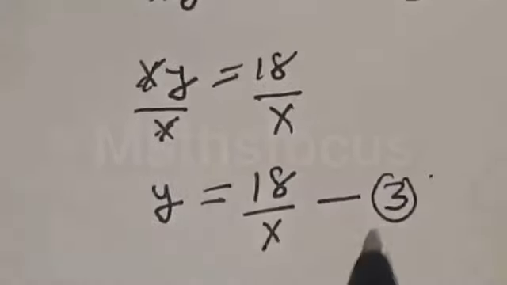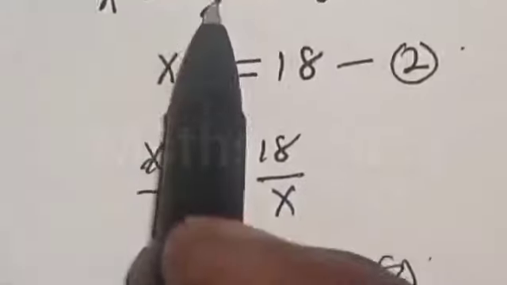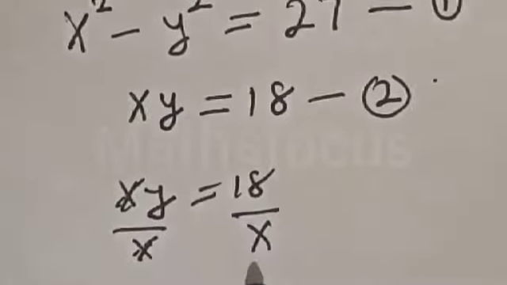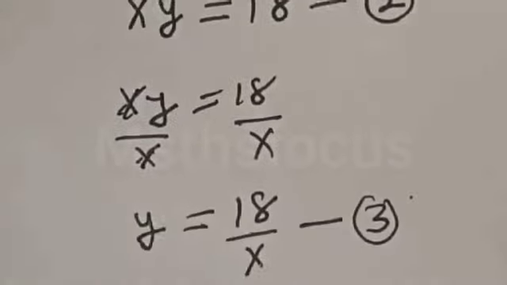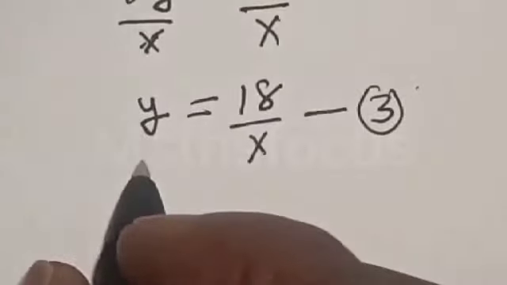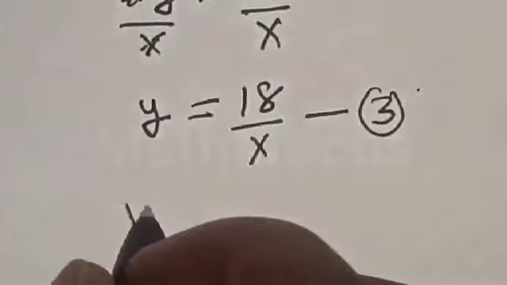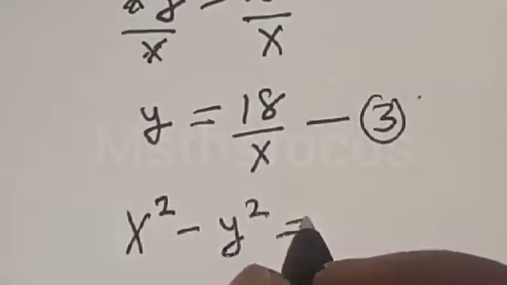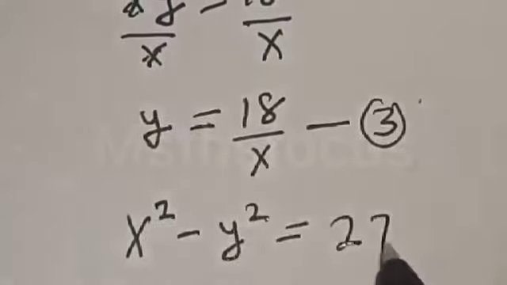Now substitute equation 3 into equation 1. That is, anywhere you see y, you put 18 divided by x there. Equation 1 is x squared minus y squared is equal to 27.